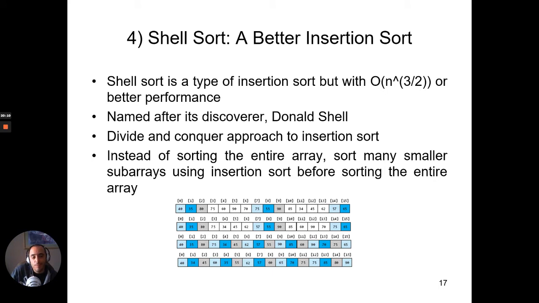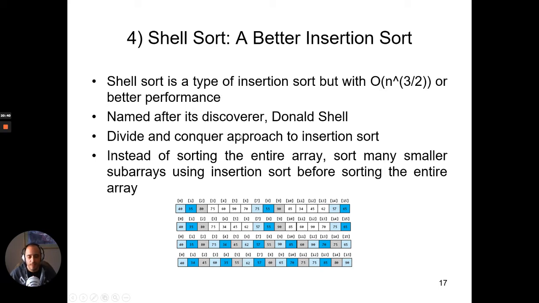There are other types of sorts that we look at. There's something called a shell sort. A shell sort is going to have a slightly better big O notation. Instead of n squared, we're looking at n to the power of 1.5, which is a little bit better. It's called a shell sort simply because the person who discovered it, his name was Shell. And it uses kind of a divide and conquer approach.